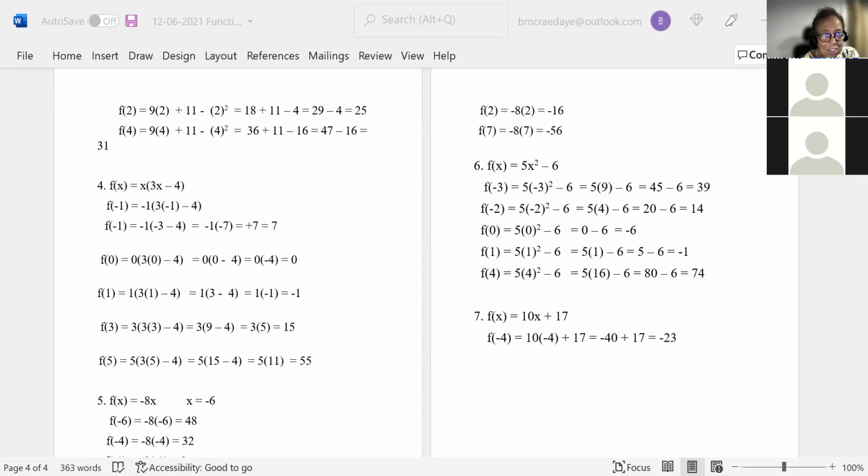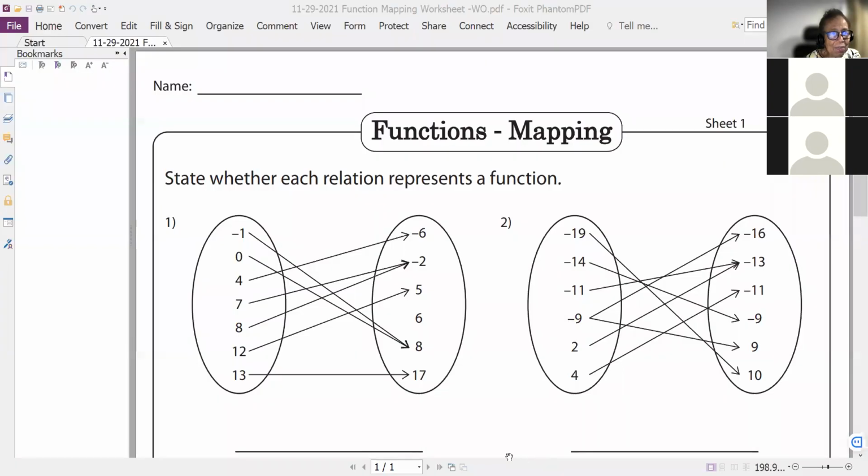You see function mapping? Did I bring it up? Okay, no, it's not there. Let me do a share screen. Bring up the mapping. Do you see it now? Yes, it's there now.